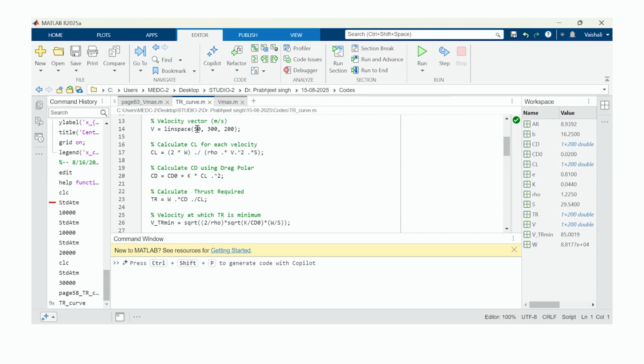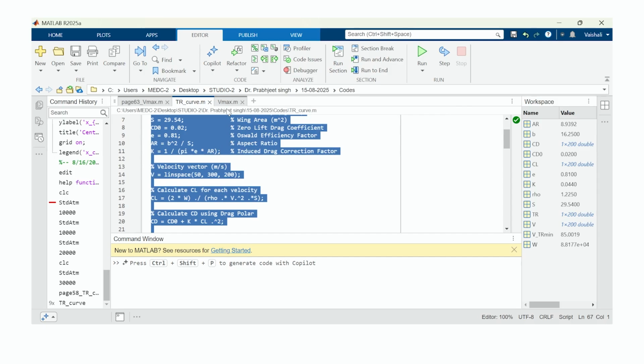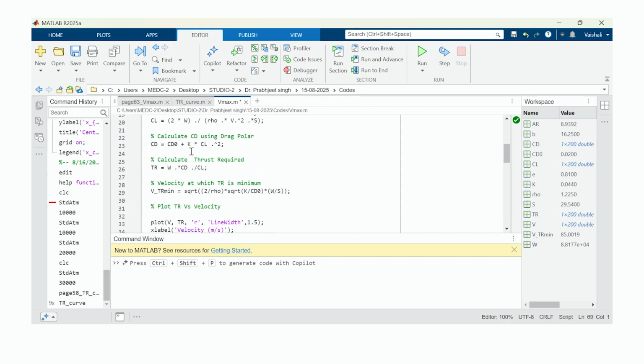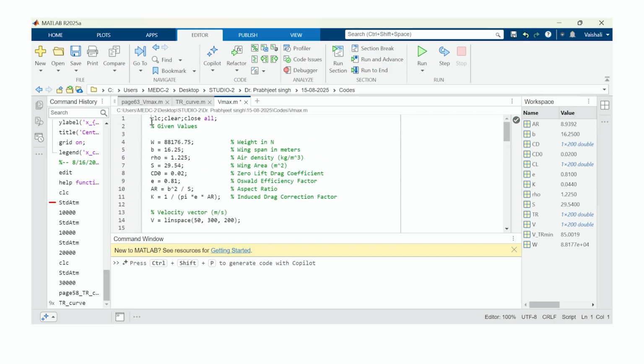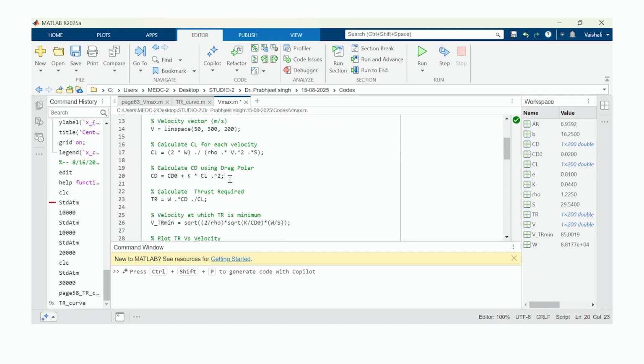Alright, so now let me just copy what we had written in the last class. We will also be plotting the maximum velocity analytically. We'll be finding it, rather. After CD, let me write here thrust available in newtons.